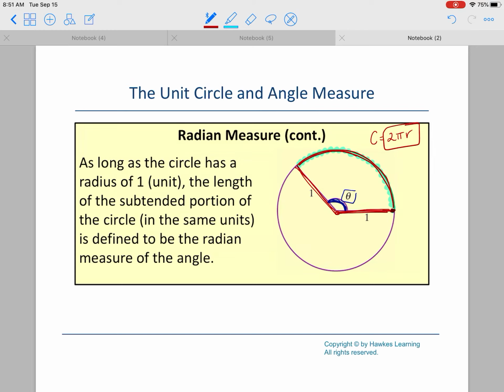If it's half, I would divide it by 2. If it's a fourth of the circle, I would divide it by 4. But I will still be left with pi in my answer. So a radian measure is going to have pi in it, and the radian is this part suspended by the 2 radii that go around the edge of my circle.